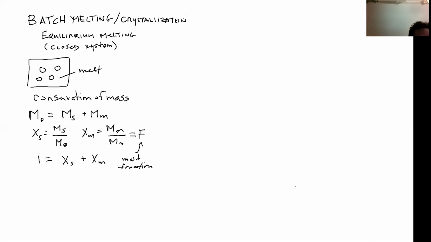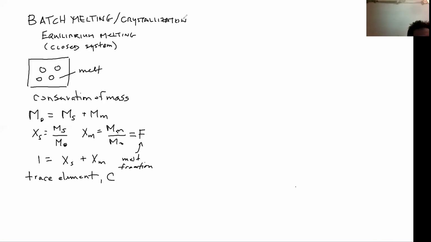Okay. So now what we want to do is look at conservation of mass for a particular element, a trace element. We're going to define that the mass concentration of an element in the crystal or in the melt is given by C. Like it would be in parts per million, weight percent, and so forth.